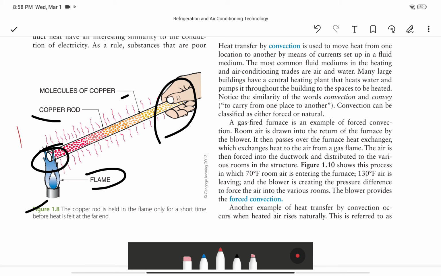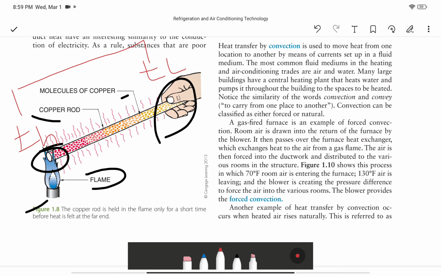So the temperature is high here and the temperature is low there. Because of the difference of these two, there is a transfer of heat by conduction.